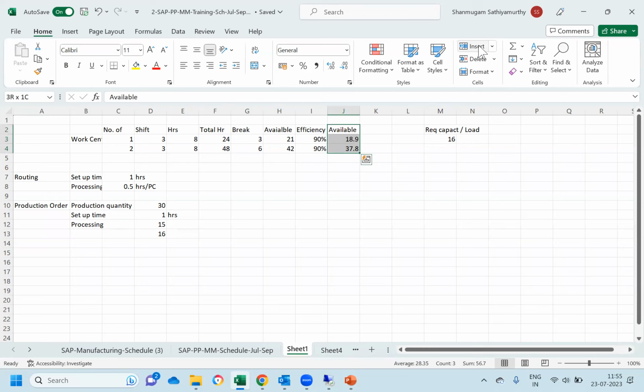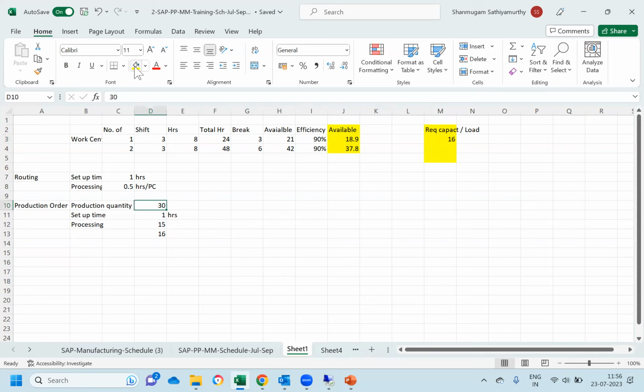So finally, I have to compare this only against this load. I cannot compare 16 with 24. Then it is wrong. Similarly, I cannot compare 16 with 21. That is also not correct. I have to compare 16 with 18.9.